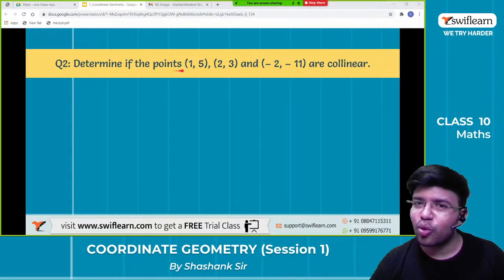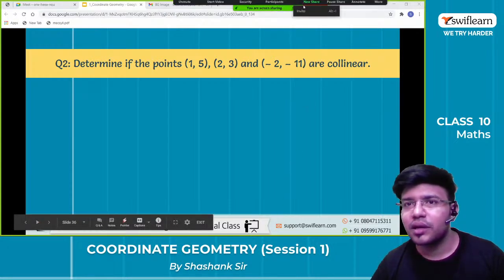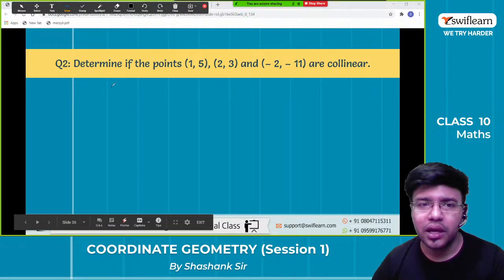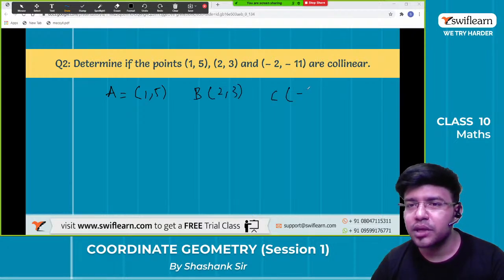Determine if these points are collinear. We need to check whether these 3 points are collinear or not. How to check? Let the point A be 1 comma 5, point B be 2 comma 3, and point C be minus 2 comma 11.